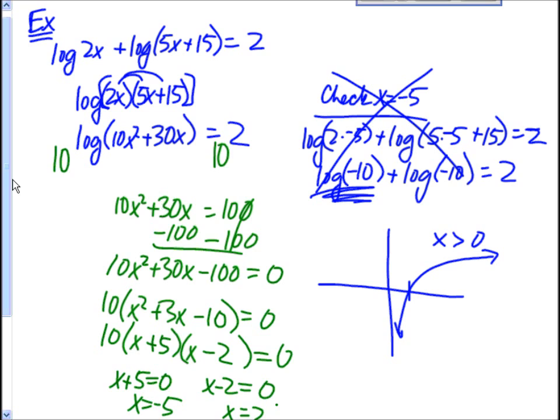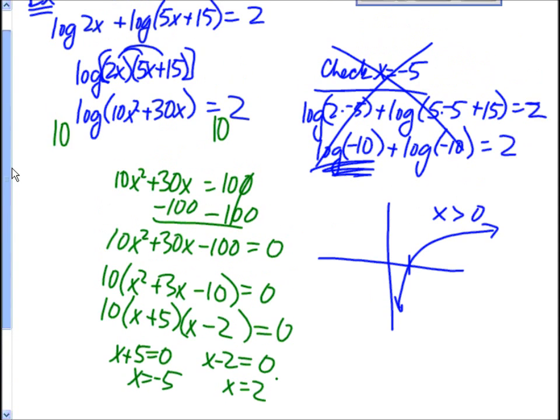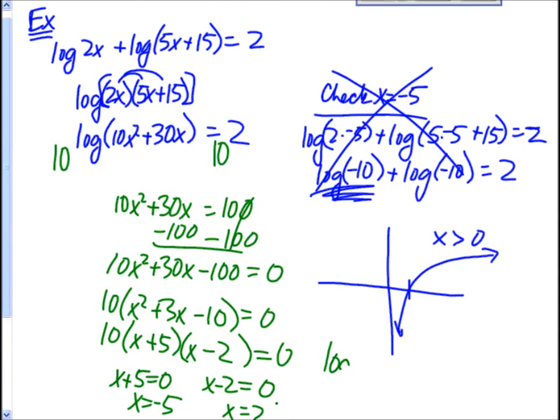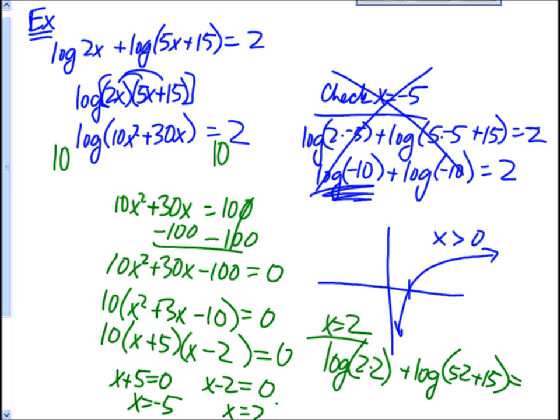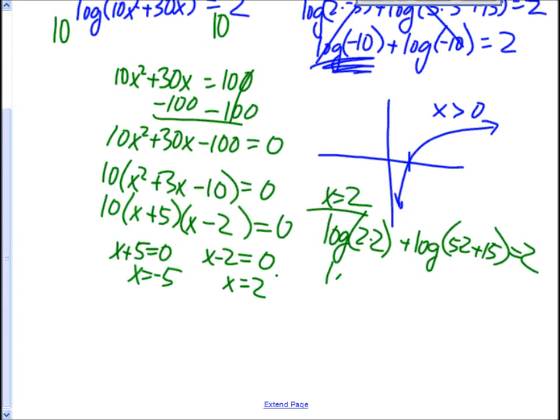Is our other one 2? Let's check the 2 now. So let's check log of 2 times 2, we're checking x equals 2, plus log of 5 times 2 plus 15. That should be equal to 2. So I got log of 4 plus log of 10 plus 15, 25, should equal 2.